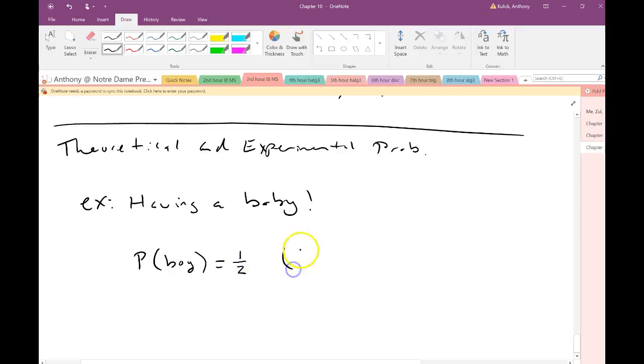Now, that is the theoretical. No, that's not exactly it. Because if you actually look in biology, the distribution of the genders for humans is not exactly 50-50, right?